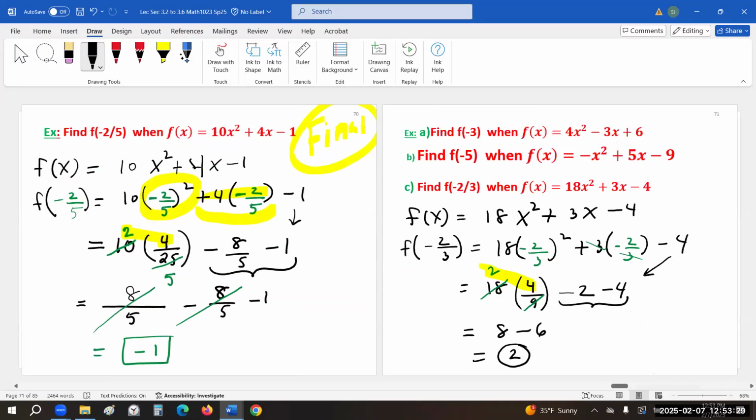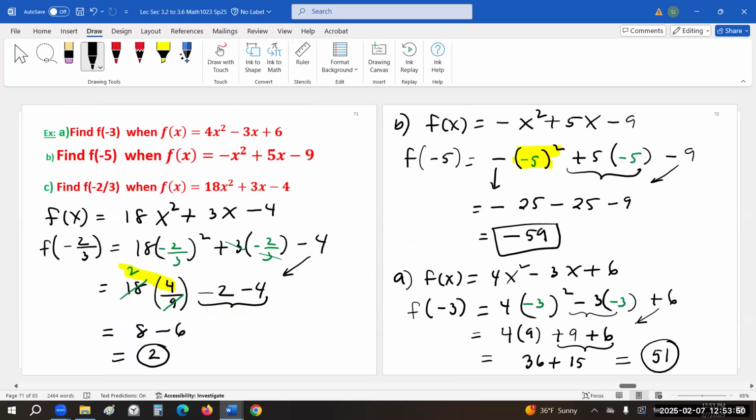For example, the last one here, if you simplify your fraction, when the fractions cancel out, you get a whole number. Same thing here. And here also you get a whole number. So always try to simplify the fraction instead of multiplying the top.